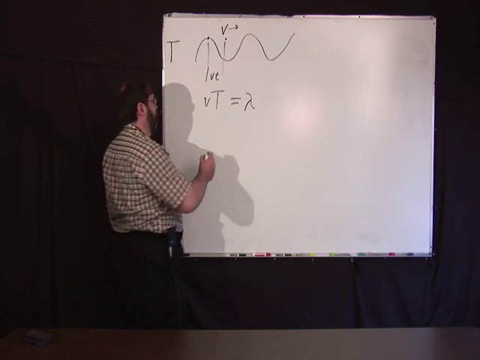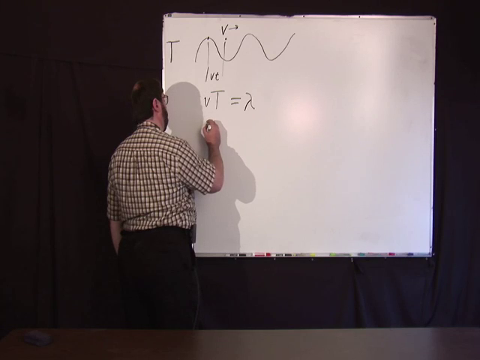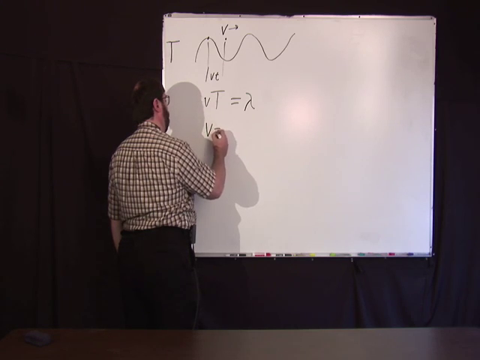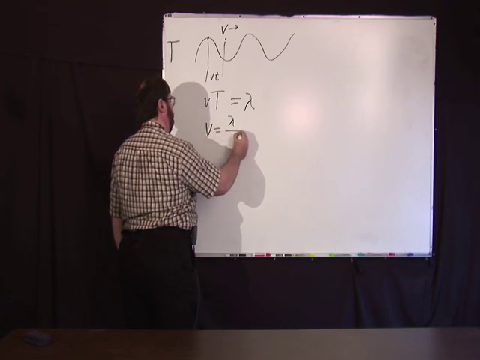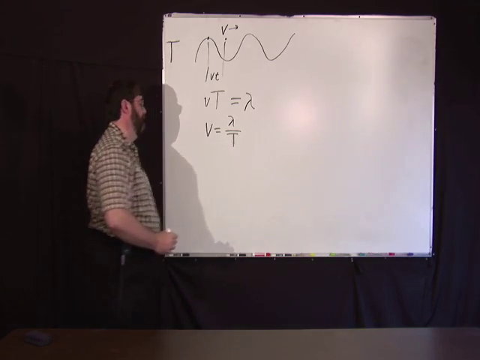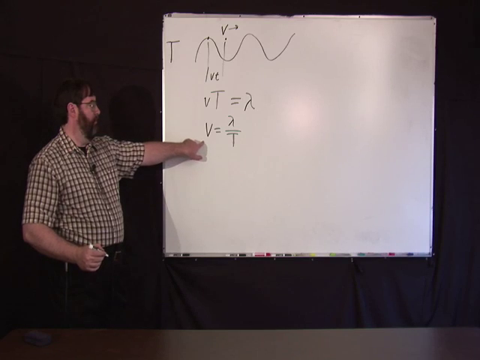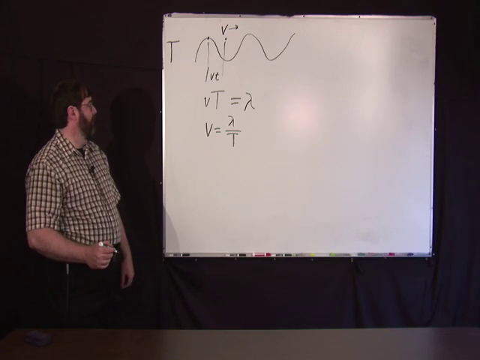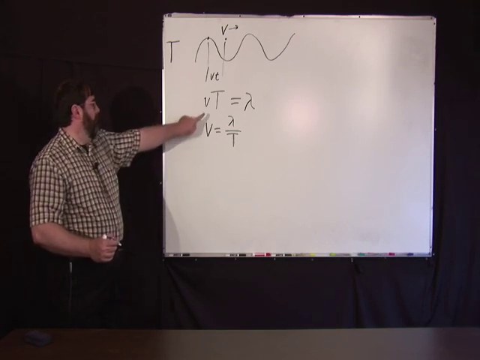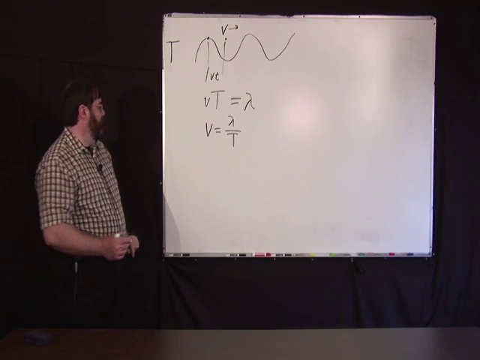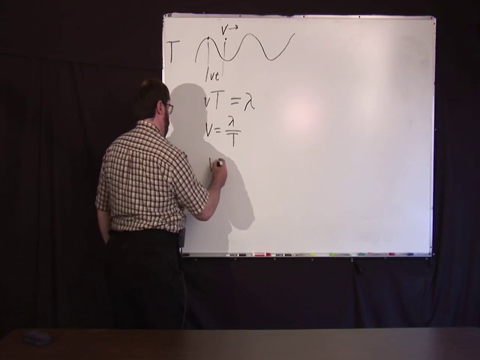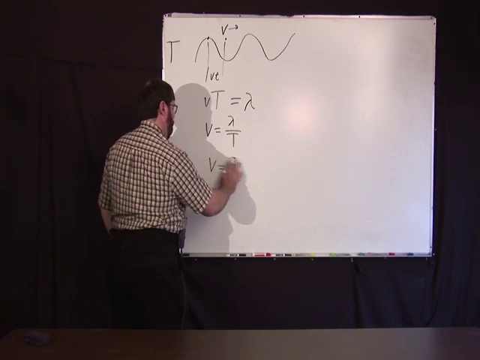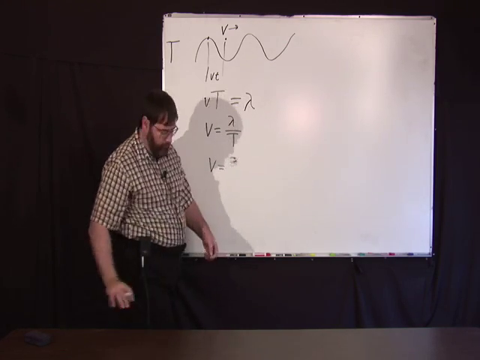So you've got the relationship that the velocity of a wave is equal to lambda over the period. Okay? Or any number of those, you can solve for any one of those from any two. Okay, let's do this in terms of frequency. Well, v is also equal to lambda, well, in this case, let me get my eraser.